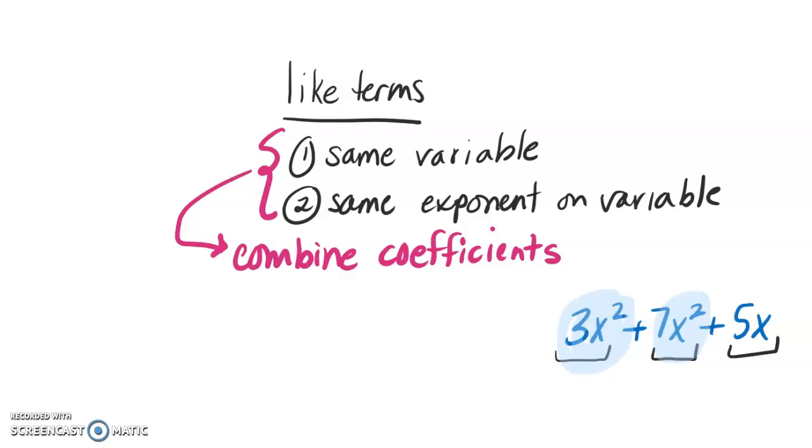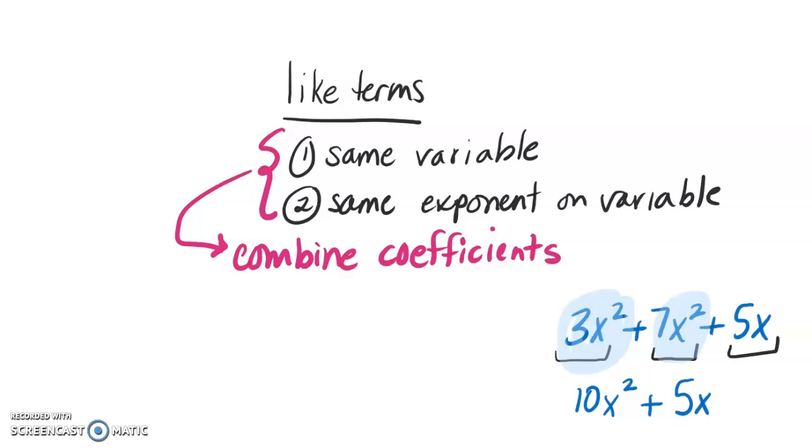So what I can do for these 2 is take and combine the 3 and the 7. And then I rewrite the variable with that exponent attached. This would be the simplest that I can make this expression. I can only combine the front 2 terms here because they are like terms. I cannot combine it with the 5x. So this would be the simplest I could make it.